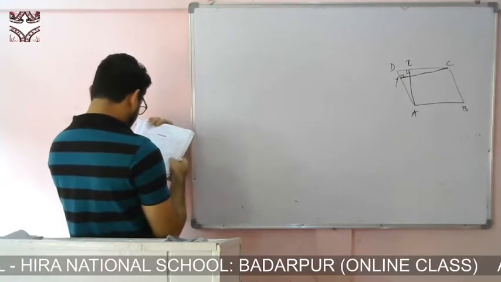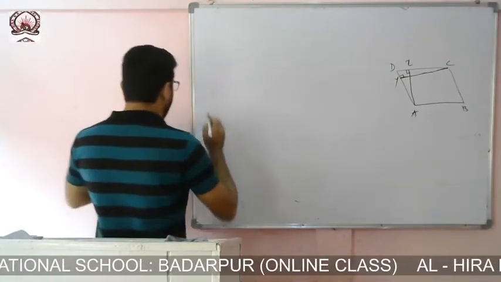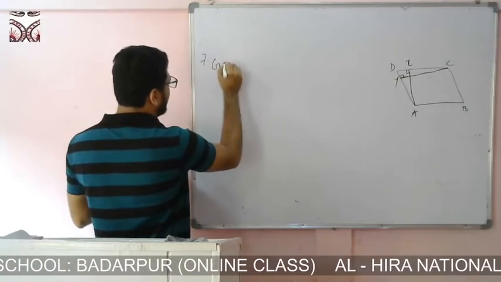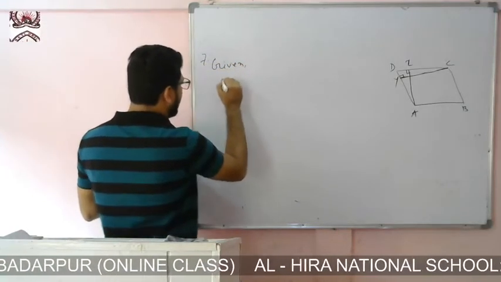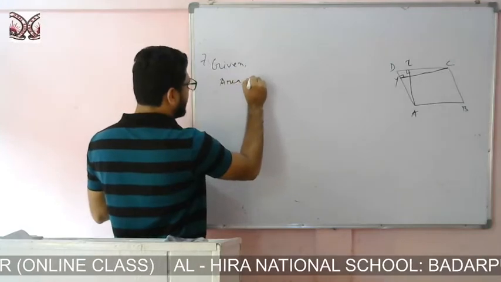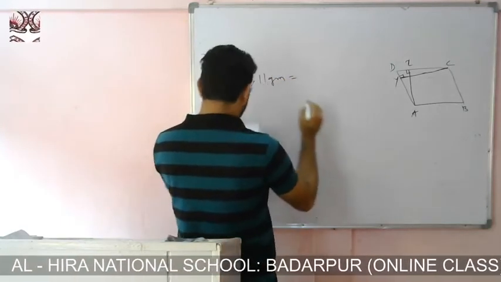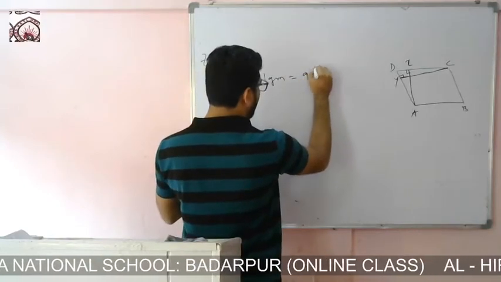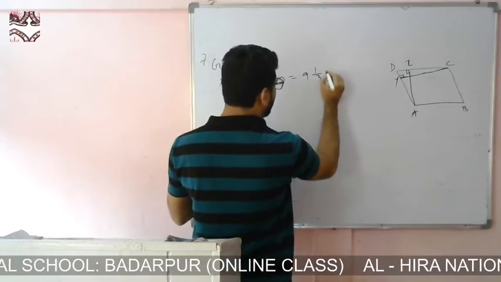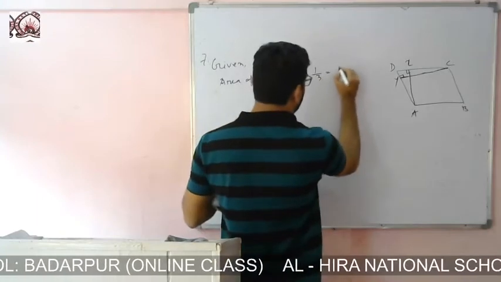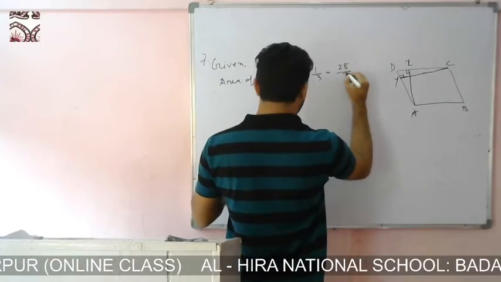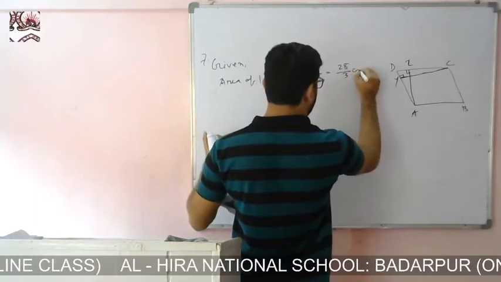So write: given area of parallelogram equals 9 1/3. So you just break this one: 28/3 centimeter square.